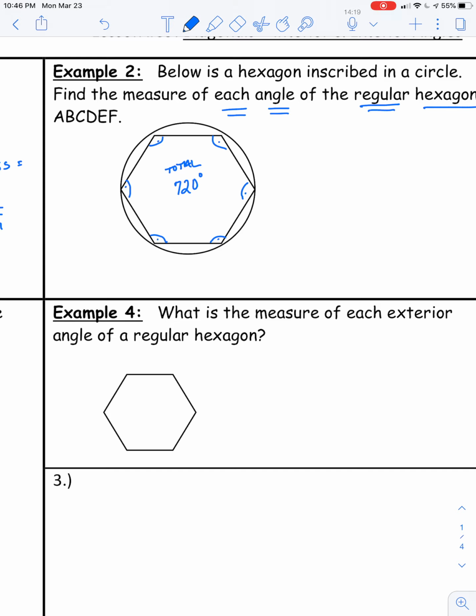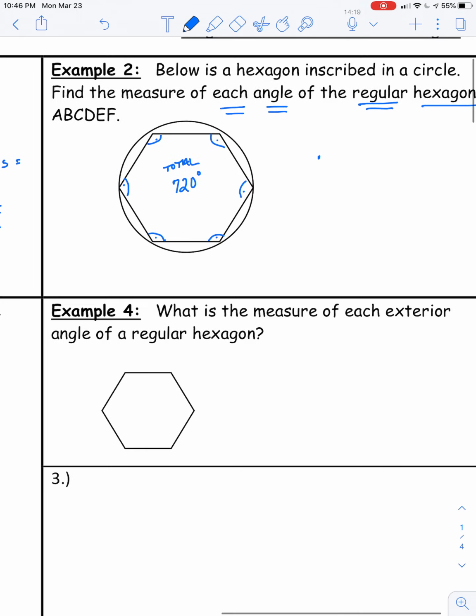And because it's a regular hexagon, they're all going to be equal. So we can simply take 720 degrees and divide it by 6 angles, and we would get 120 degrees. So each one of these angles is 120 degrees. I could go around and do each one of those, but we'll just kind of leave it right there.